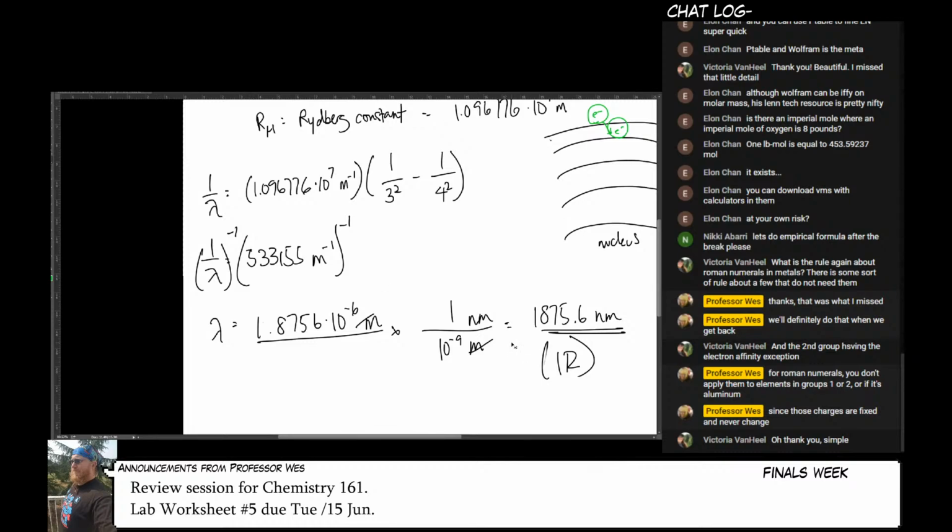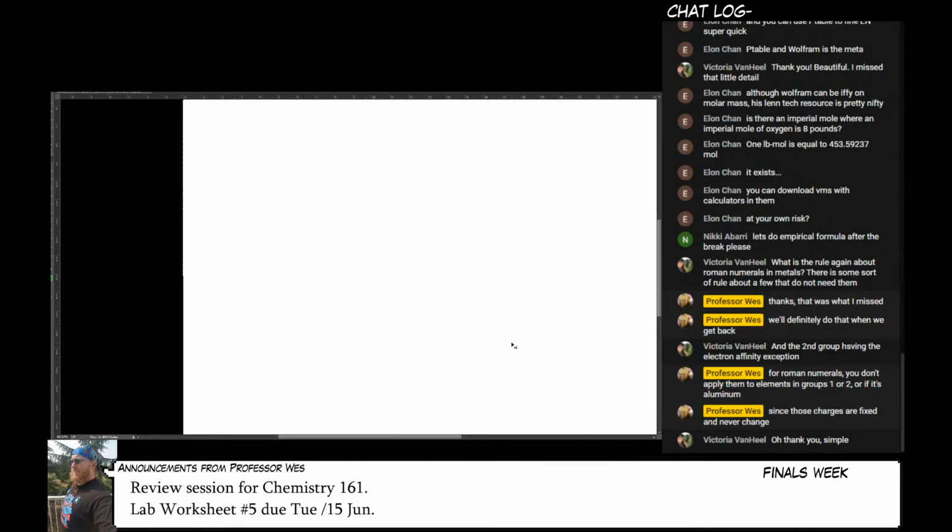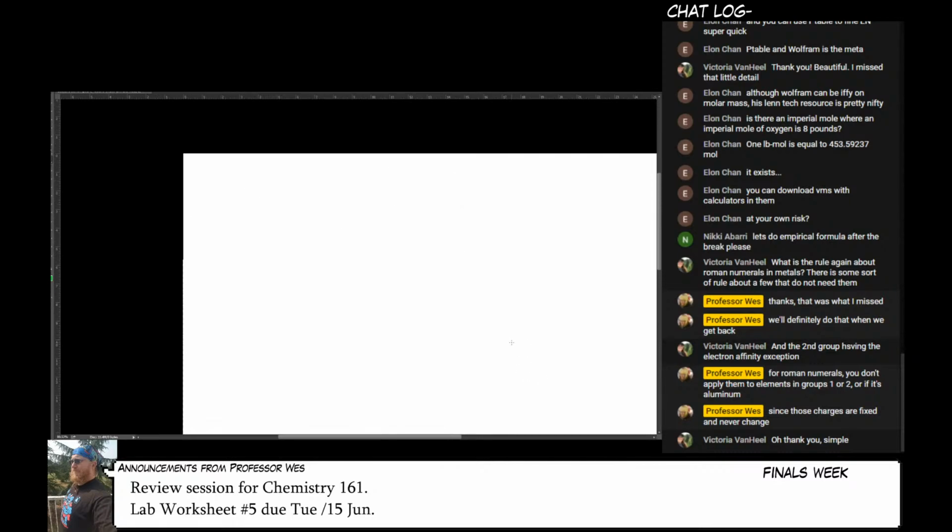So there was a question about an empirical formula. So I had to actually go grab one. That'll take me just a second here. Let me grab the textbook. Empirical formula would be chapter 6, I think. So table of contents.